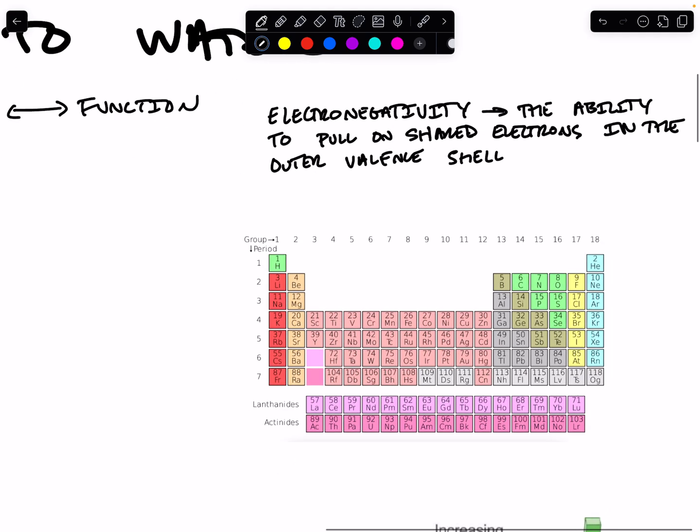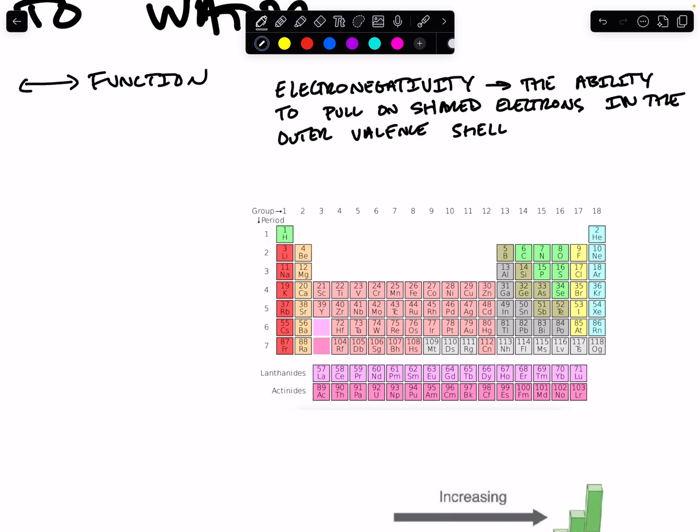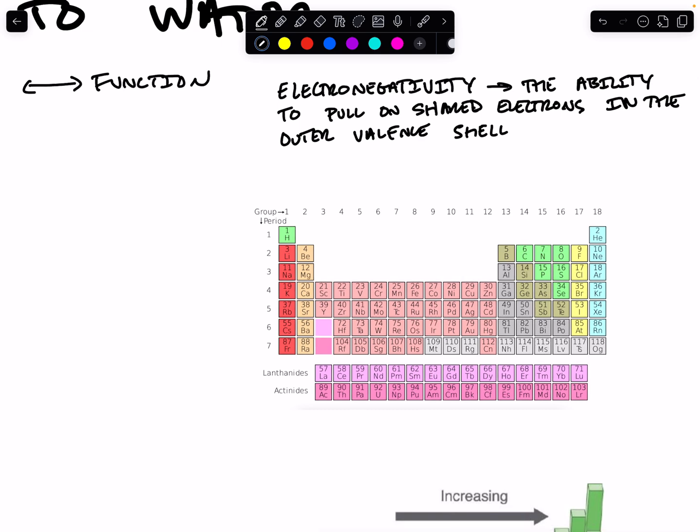Okay, and electronegativity has a trend across the periodic table. We're going to take the noble gases out of this situation. Their outer valence shell is already full, and as a result, they are really stable and they tend not to make bonds with anyone. They're just flying solo.